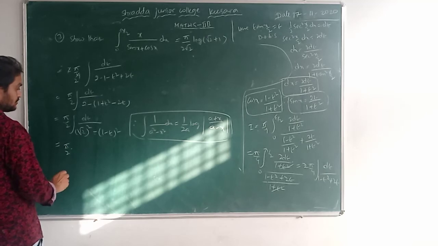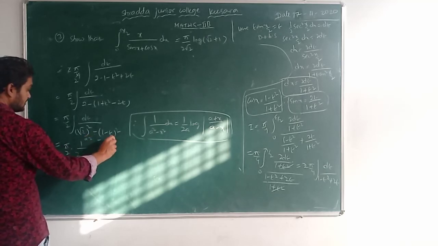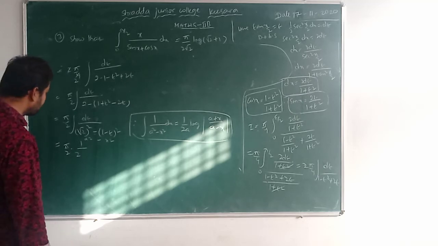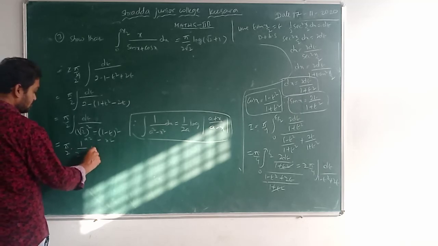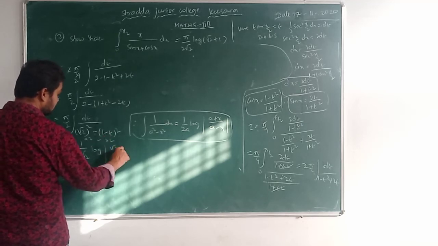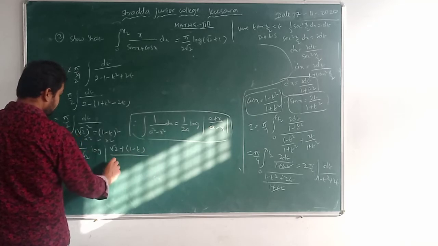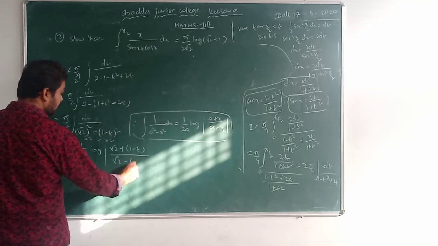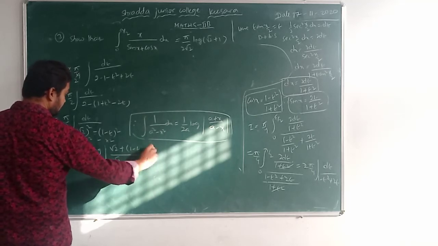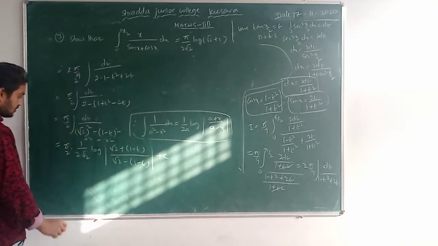Pi by 2 into 1 by 2 into, a is root 2, into log of mod (root 2 plus 1 minus t) by (root 2 minus 1 minus t), plus c. So now what we are getting here?